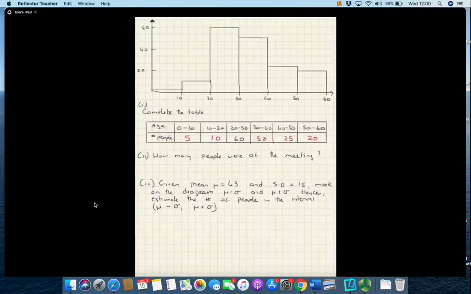Okay, so very like the one we did before that I said was hard. You can see here, I've just written in the values we read off the y-axis of that histogram. So how many people were at the meeting?